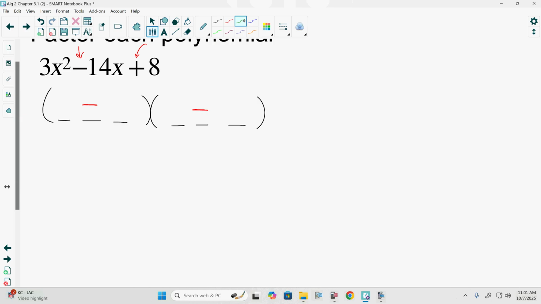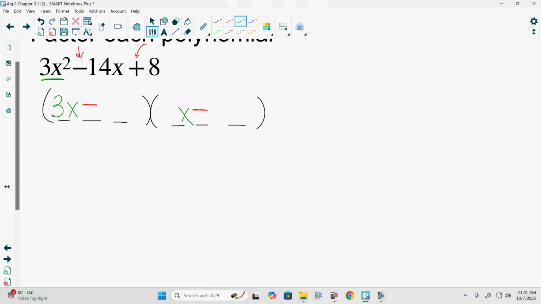Now we need to find the factors of the first and the third term. Our first term is 3x squared. Well, the only factors of x squared are going to be x and x. Factors of 3 are 1 and 3. Since we only have one choice, might as well just stick the 3 and 1 in one of the two spots, x and x.